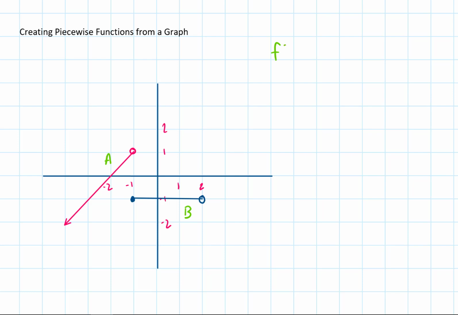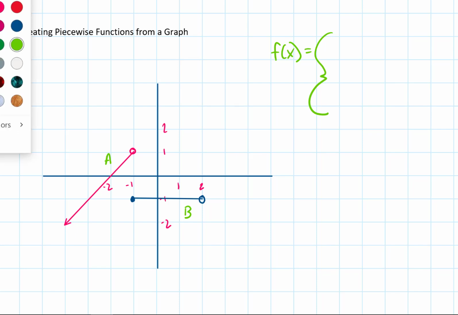So I'm going to start and I'm going to set up what looks like my piecewise function. And I'm also going to look at what the domain is for each A and B. So the domain for A is negative infinity all the way to -1, and we have an open circle for A, so therefore we have a round parentheses.